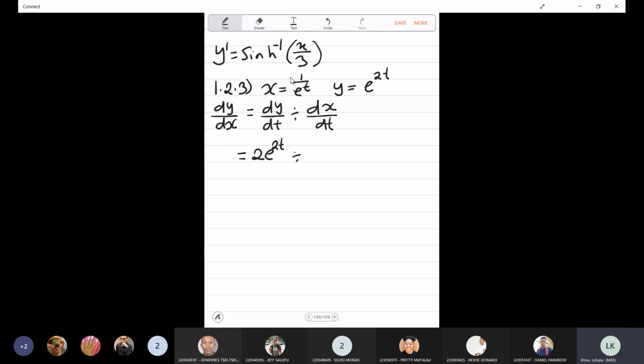So when you differentiate that, that is minus e^(-t). And here, this is -2e^(3t). So the bases over here are the same. We are dividing, so we subtract the exponents. 2t minus -t is 3t.